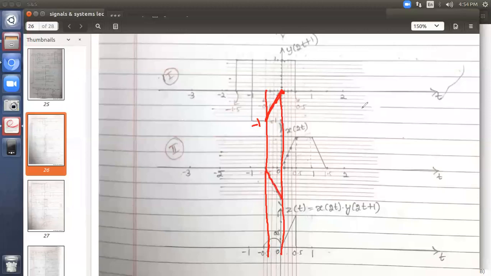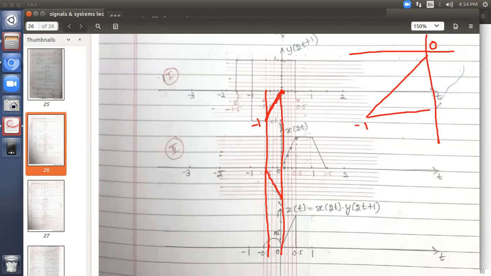Let me draw this clearly. You have one ramp like this, starting from this 0, and this is say minus 1 amplitude. If you divide this into different amplitudes, you can again try drawing on a graph sheet.